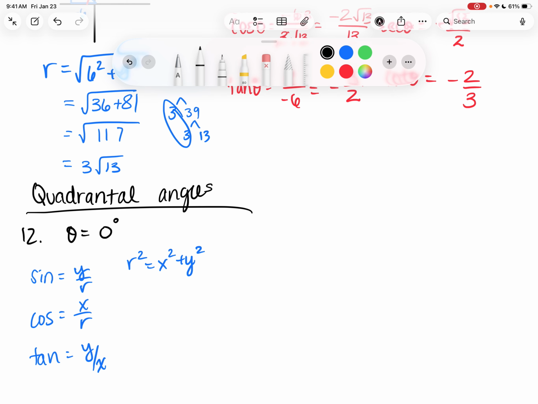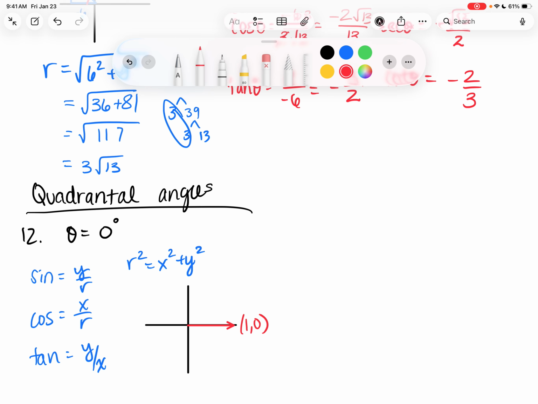So this value for theta of 0 degrees is just right here on the axis. Now, they don't tell me anything else, but I know this is a value on my unit circle that we have marked, and this is 1, 0.